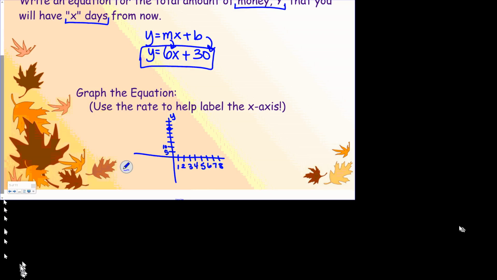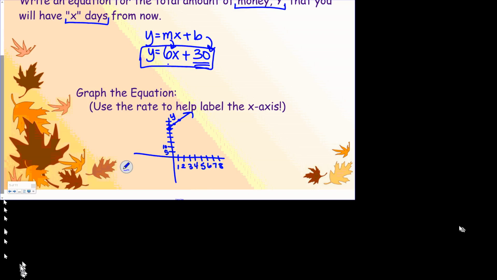Okay, so we're starting at the y-intercept. Remember, to graph from slope-intercept form, you always plot your y-intercept first and then count your slope out after that. So up 6 and then over 1 would put our next point there, then up 6 over 1 again, and we can start to track how much money we'll have over time.